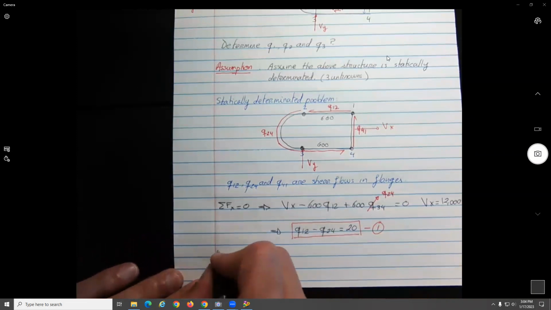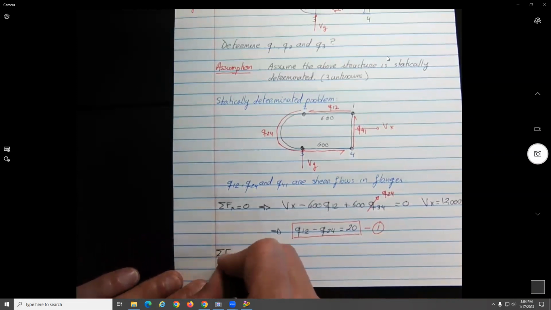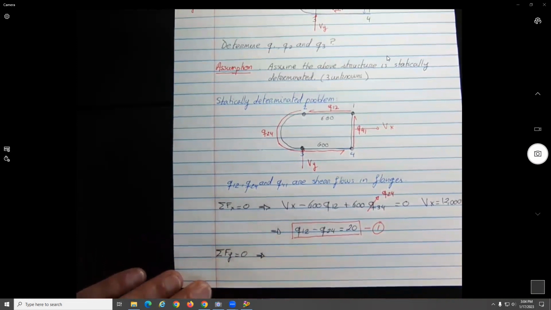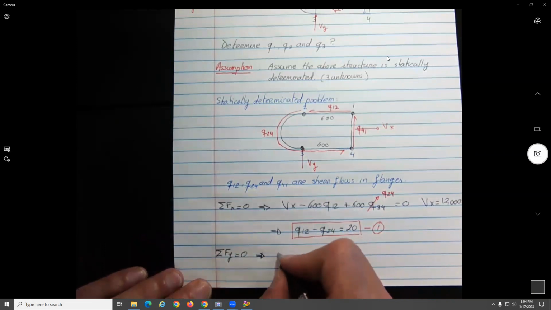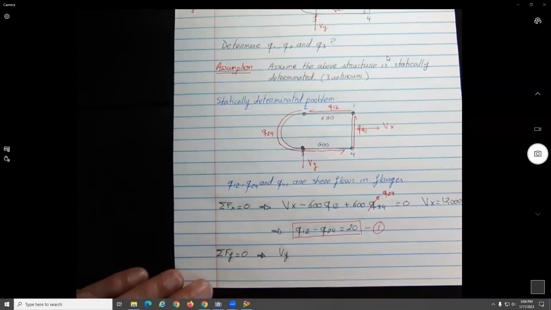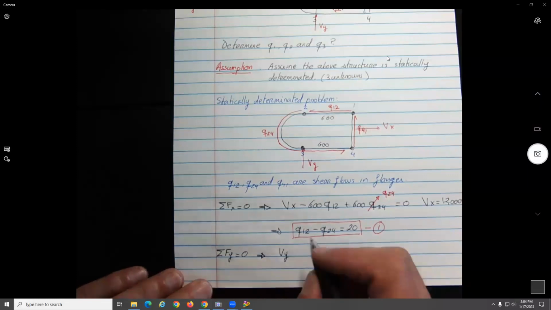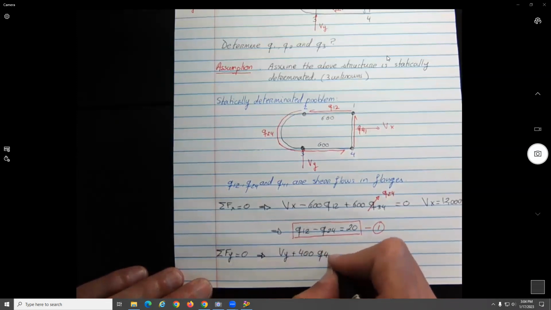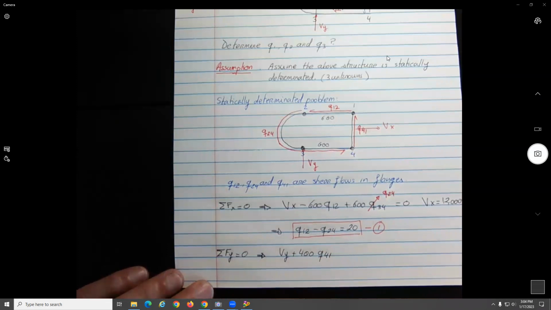Next, we can do something similar. Summation of forces on the Y. Where are you going to have the Y? Plus 400 for 1.